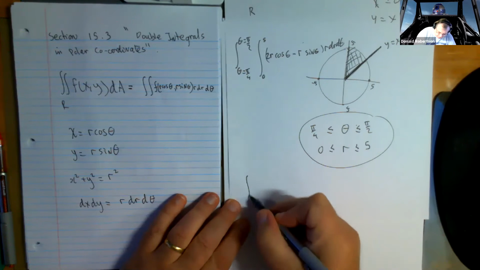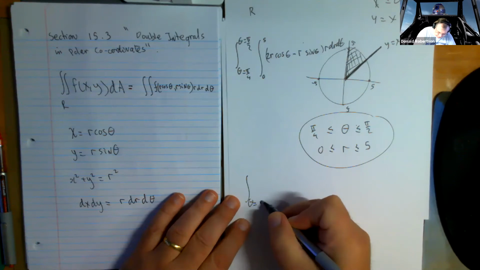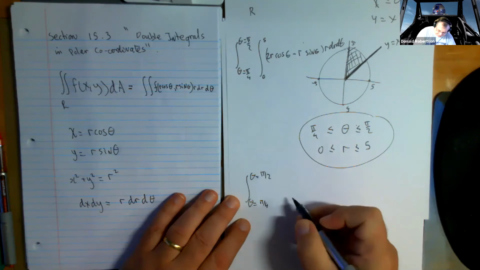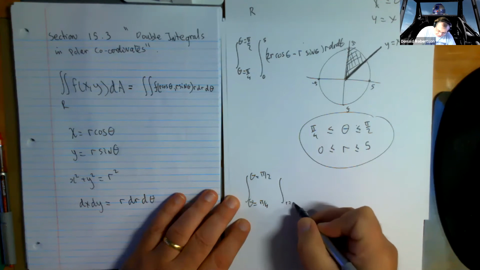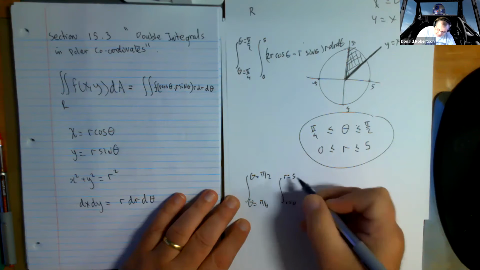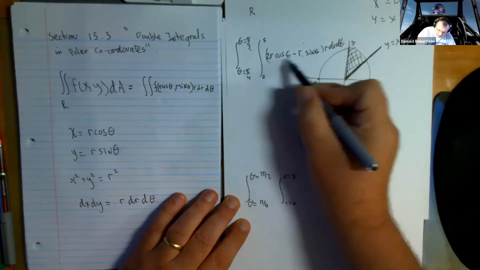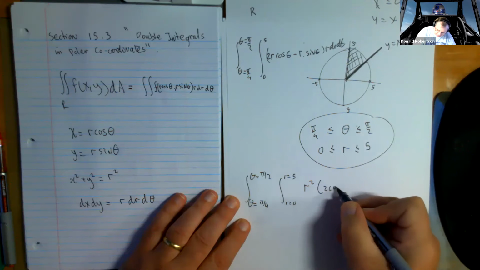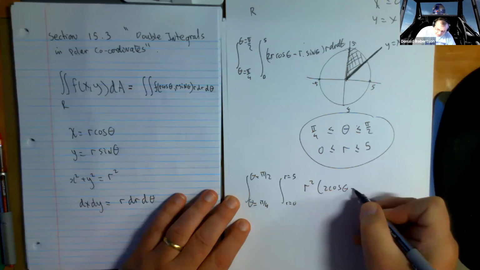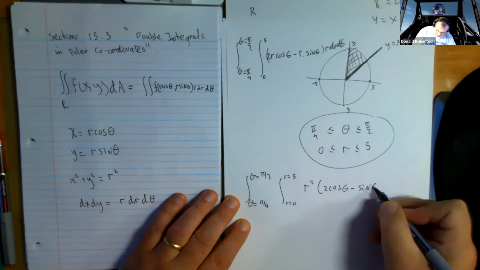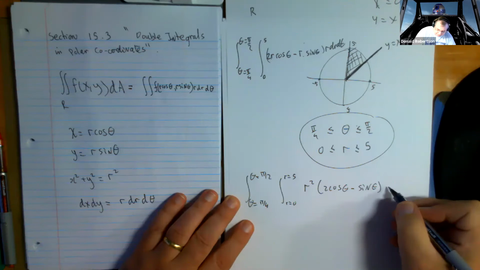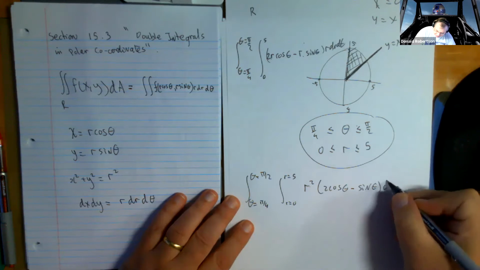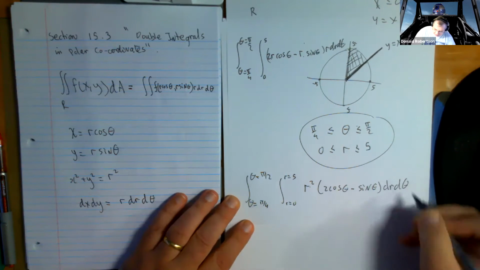So it's going to go theta equals pi upon 4 to theta equals pi upon 2, r equals 0 to 5. If I pull this r out as a common factor, I've got r squared times 2 cosine theta take away sine theta, and that r gets that r, that's why it's an r squared. And then I can do dr d theta.